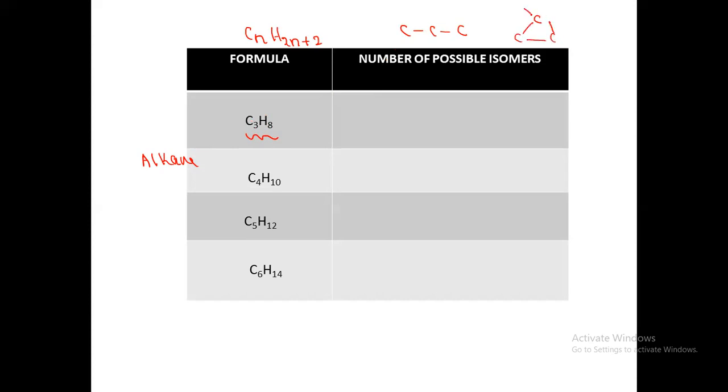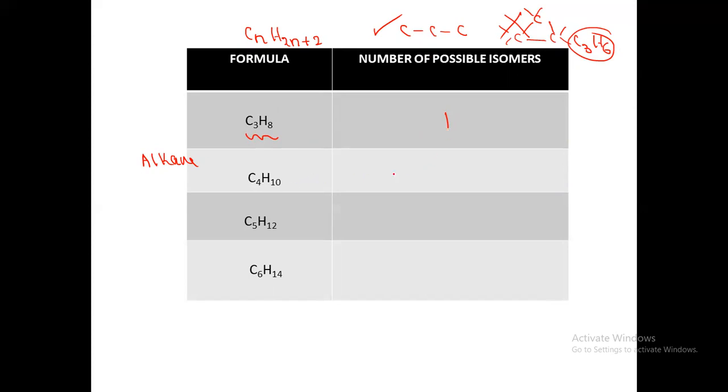But if you draw the closed one and count the hydrogens, it's going to be C3H6, so it's not this formula. So you can't have 2 possibilities. With this formula, you can arrange the 3 carbons only continuously, in only one way. So only one isomer.